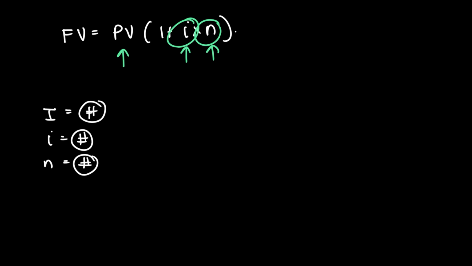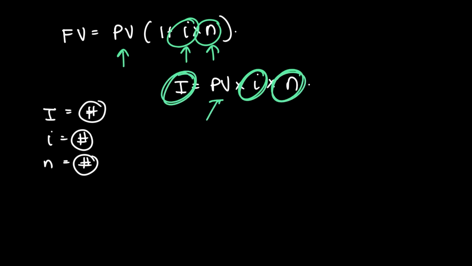So we don't have the present value, so we can't just plug it straight into our formula. So in this situation, we can go back to what formulas do we know. We know that I is equal to the present value times i times n. And if we have the small i, we have n, and we have the big I, we can work out what PV is.